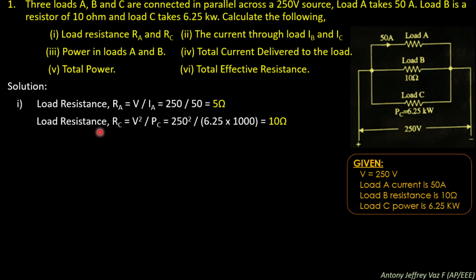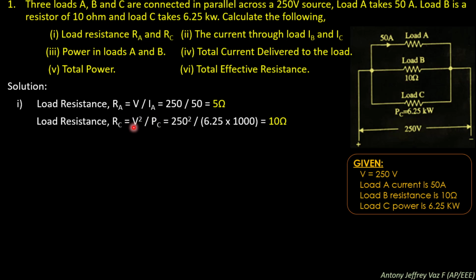Next, load resistance RC. Here you can see that the power absorbed by the load is given as 6.25 kilowatt. So you can use the same Ohm's law and substitute I is equal to V by R, and you can derive this formula.